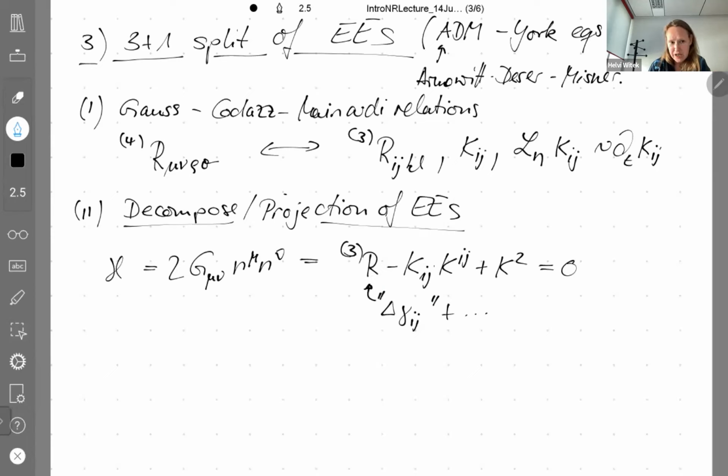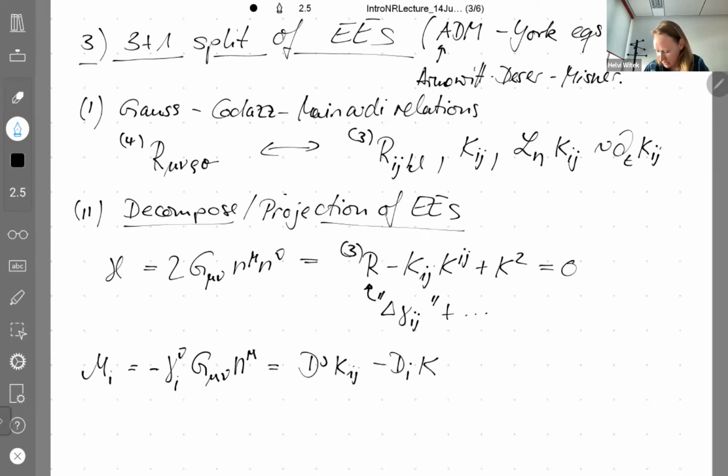The second set of equations is the contraction of the Einstein tensor with a normal vector in one of the indices and a projection with the projection operator in the other index, and I usually have a minus sign here. This will give us the momentum constraint, which is related to a divergence of the extrinsic curvature minus the derivative of the trace of the extrinsic curvature.